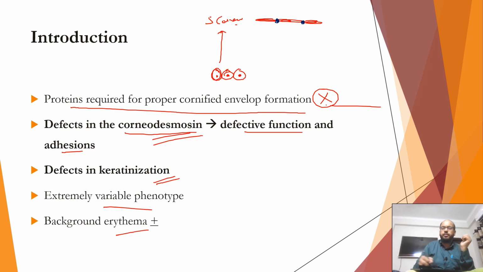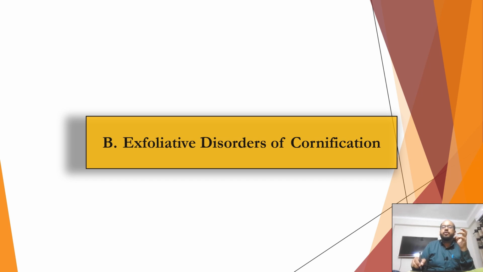So it may or may not be there. Let's start our discussion on exfoliative disorders of cornification. Remember, the problem mostly lies in corneodesmosin. So let's move forward and discuss them. We'll quickly go through all the disorders mentioned in Rooks and other textbooks.